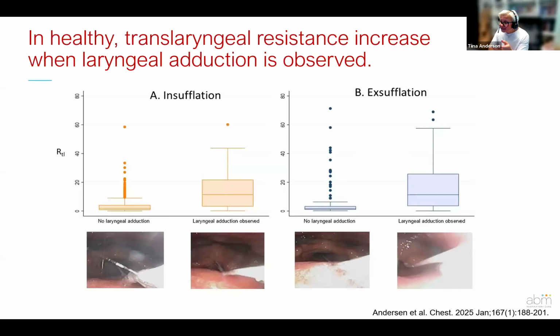And in this recent study where we measured the pressures through the upper airways, we had some healthy volunteers who had some closures during our intervention protocol. And when we chose those interventions where the laryngeal closure was observed already in these healthy volunteers, we saw that the resistance measurements were much higher in those interventions where the closure was happening.